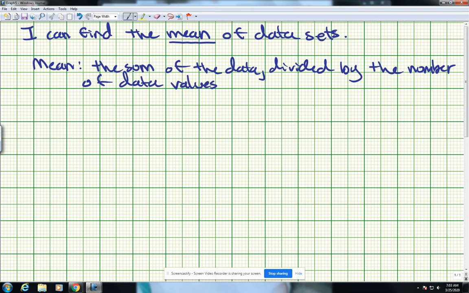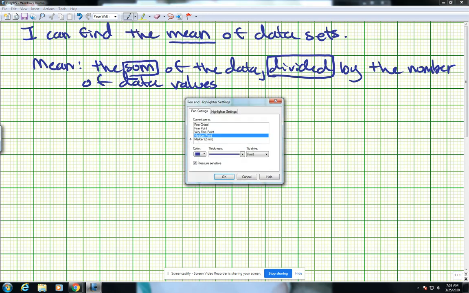So we have some adding to do because we see the word sum here, and we have some dividing to do when we're finding the mean. So now we'll go ahead and get right to our examples. They're going to start us out pretty basic with just practicing doing this, and then we'll get into some harder ones.